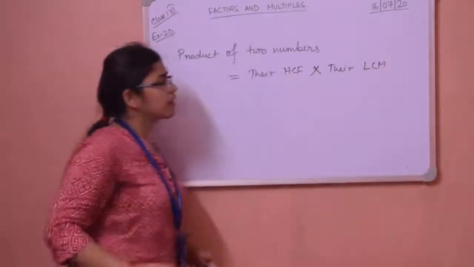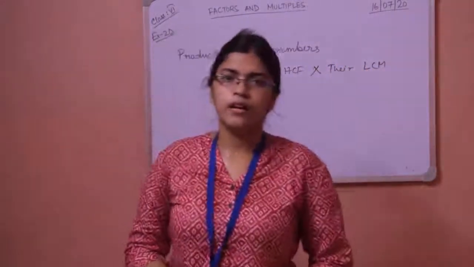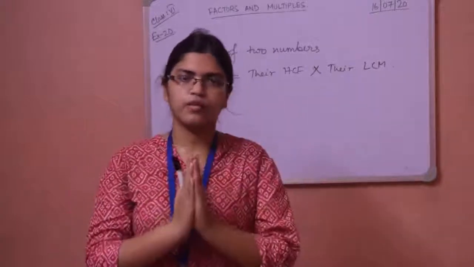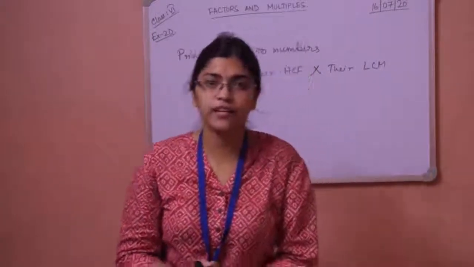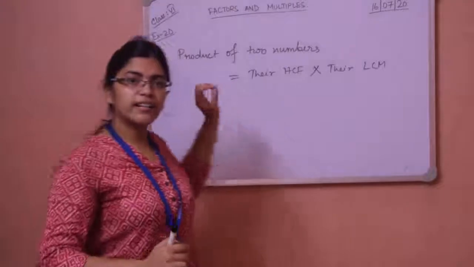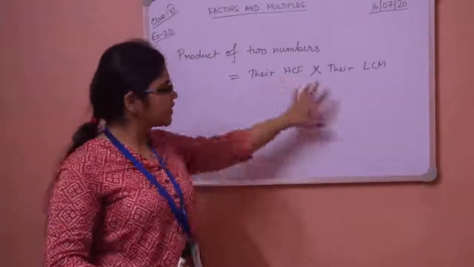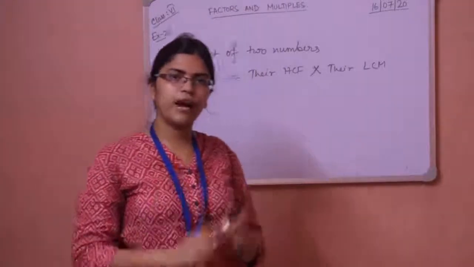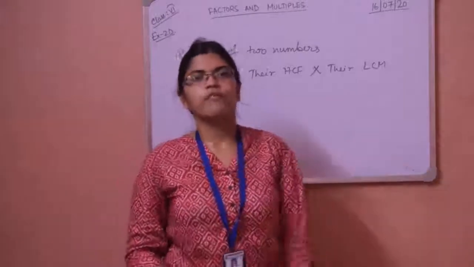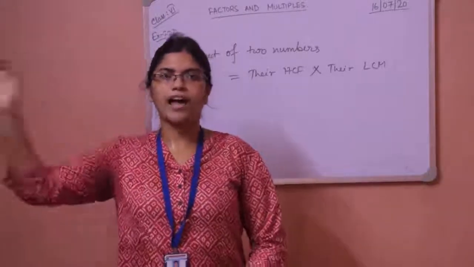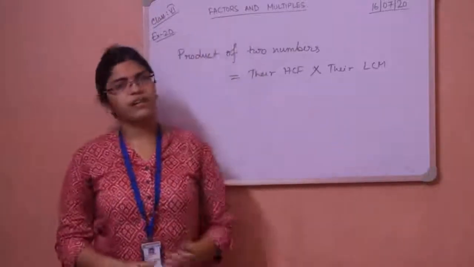So that means there will be 2 numbers. If we multiply those 2 numbers, whatever we are getting as a result, if we find out the HCF of those 2 numbers and the LCM of those 2 numbers, and if we multiply the HCF and LCM, we will get the same number as we got by multiplying the numbers.